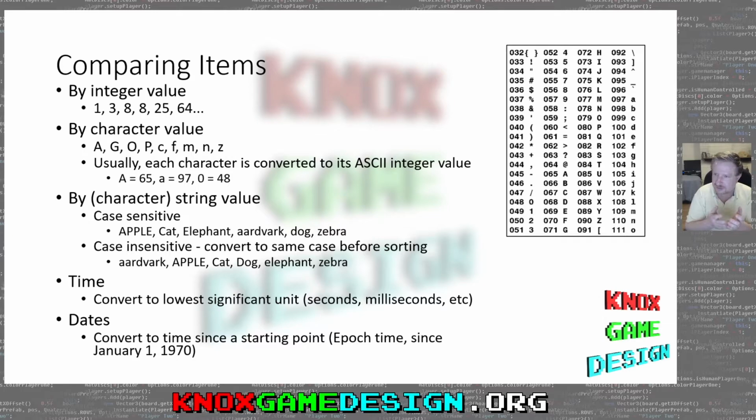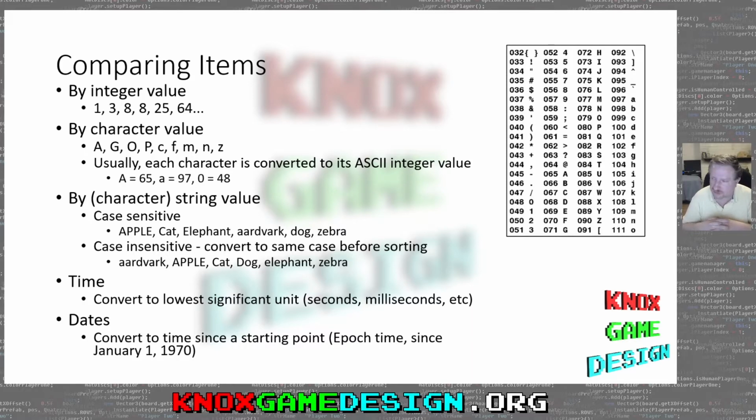If you're converting everything to seconds, you want to multiply your minutes times 60, then add to your seconds, and then multiply your hour by 60 times 60, which is 3,600, and then add that onto your seconds. So you just have one integer value for your entire time value.